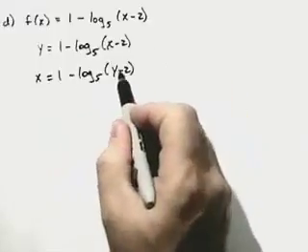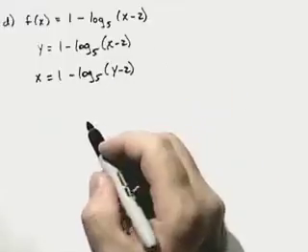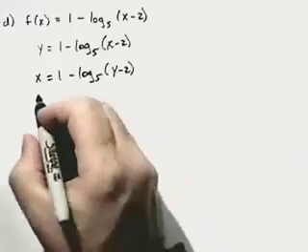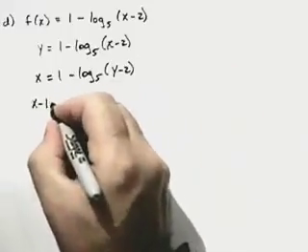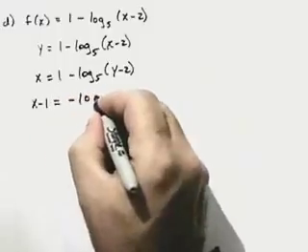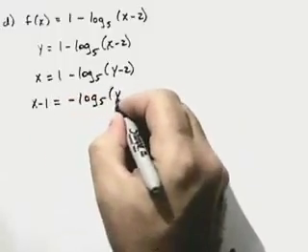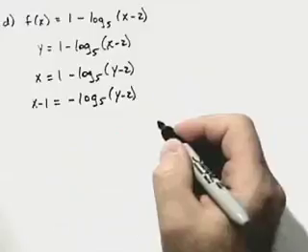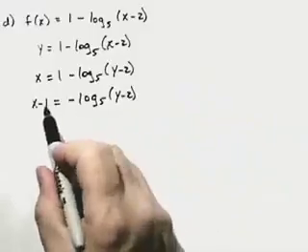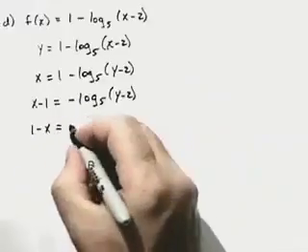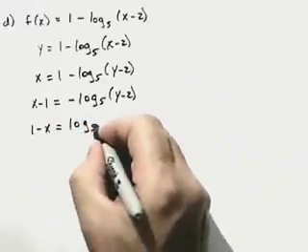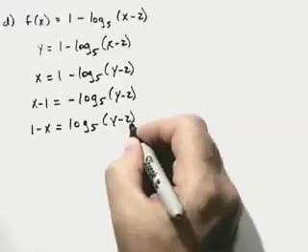Our goal is to now solve for y to explicitly define it. We'll start by subtracting 1 from both sides. So x minus 1 equals negative log base 5 of y minus 2. Multiply both sides by negative 1. We get 1 minus x on the left equals log base 5 of y minus 2.